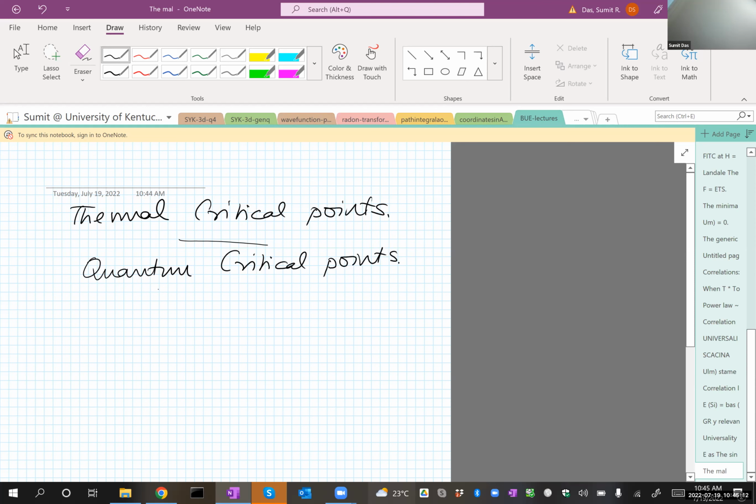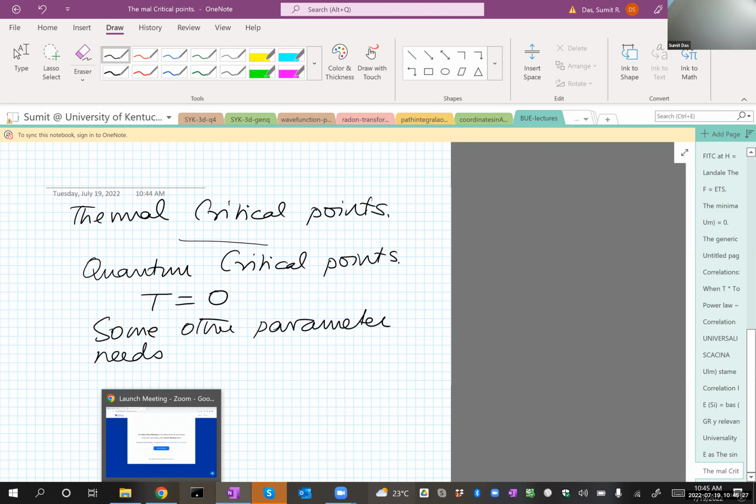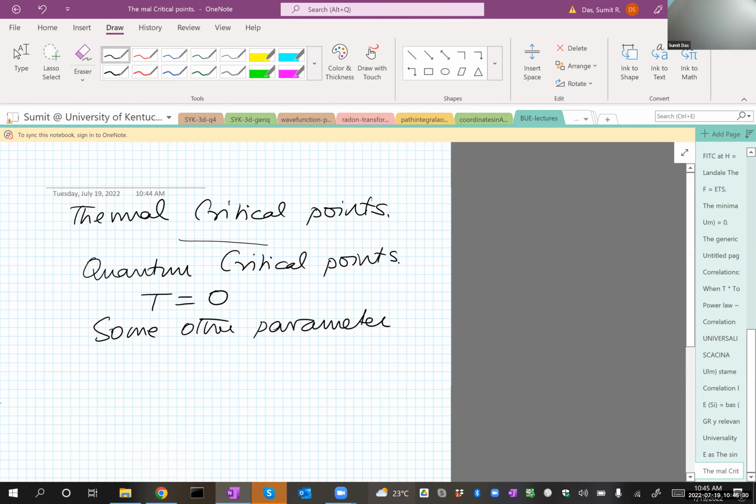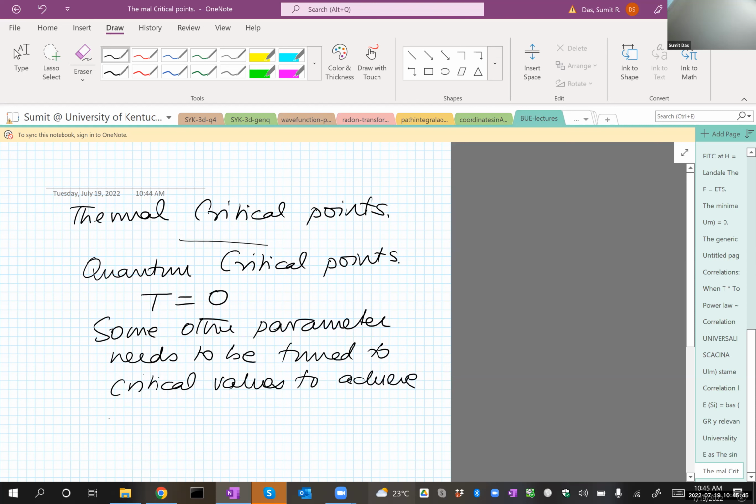They are called quantum critical points because they appear at 0 temperature, but some other parameter needs to be tuned to critical values to achieve an infinite correlation length, which is a critical point.